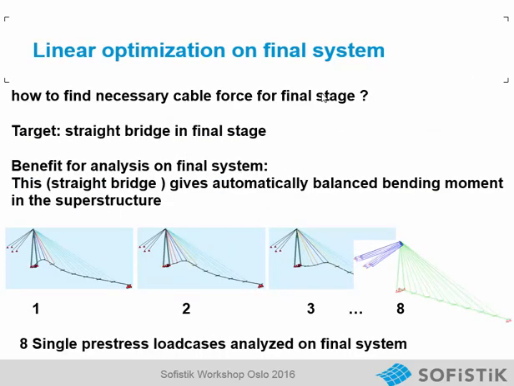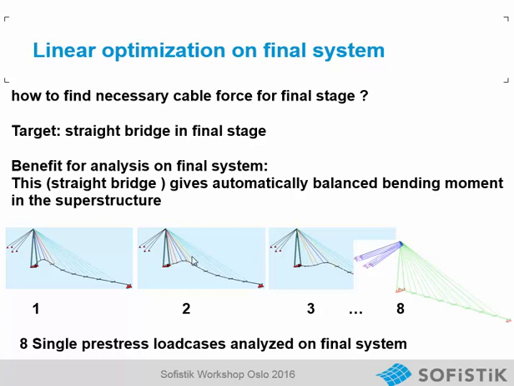Now, the optimization starts with analyzing single load cases for each cable stressing. Those are scalable load cases. We stress the first cable in one load case, the second and the third, and then the back cables as a last option.